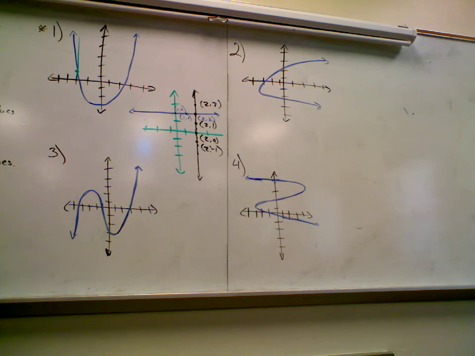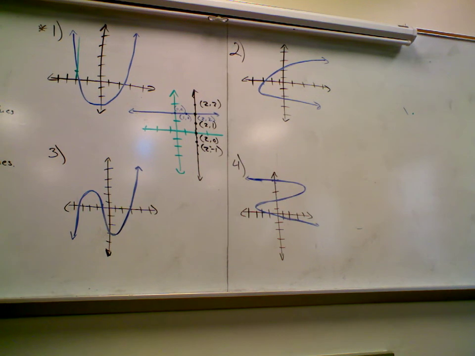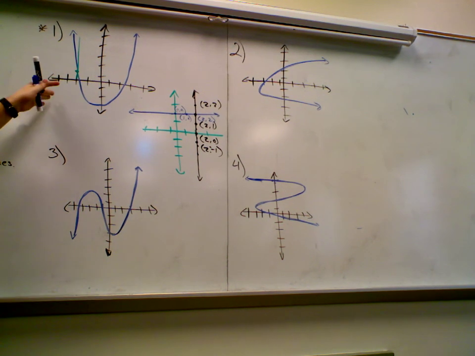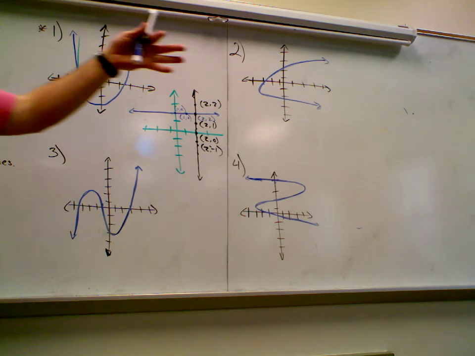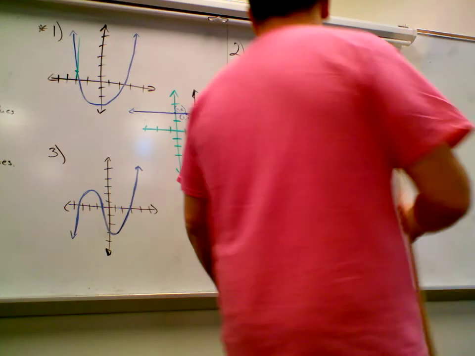What's the x value? -2. What's my y value? It looks like it might be 1. So it has an x and a y, an input and an output. Does that make sense? So is this one a function? Yeah, because each x had only one y. Okay, good. Let's try graph 2.